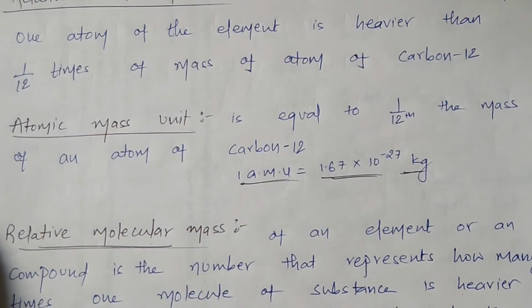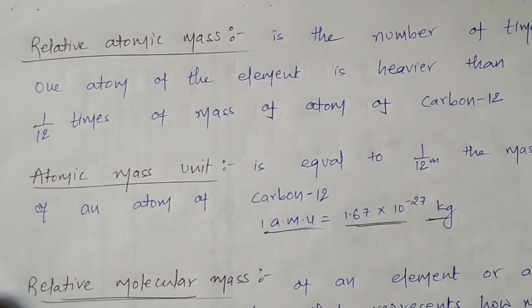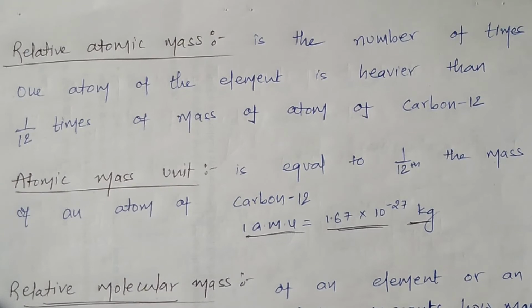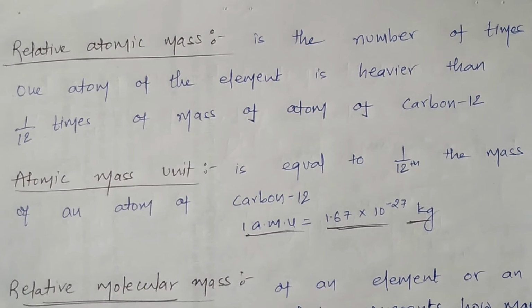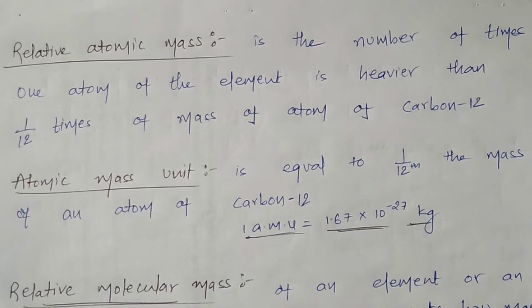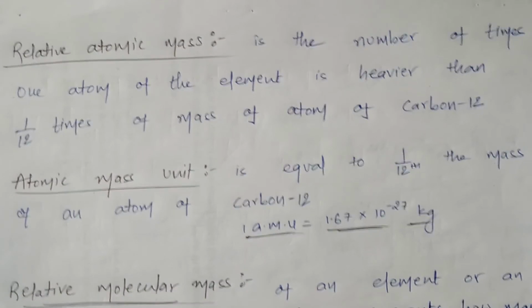Alright. Then comes the concept of relative atomic mass. Okay, now what is relative atomic mass? See, you read the definition from your book. I am not going to make you understand according to the definition of the book. Okay, we will understand this thing with an example.